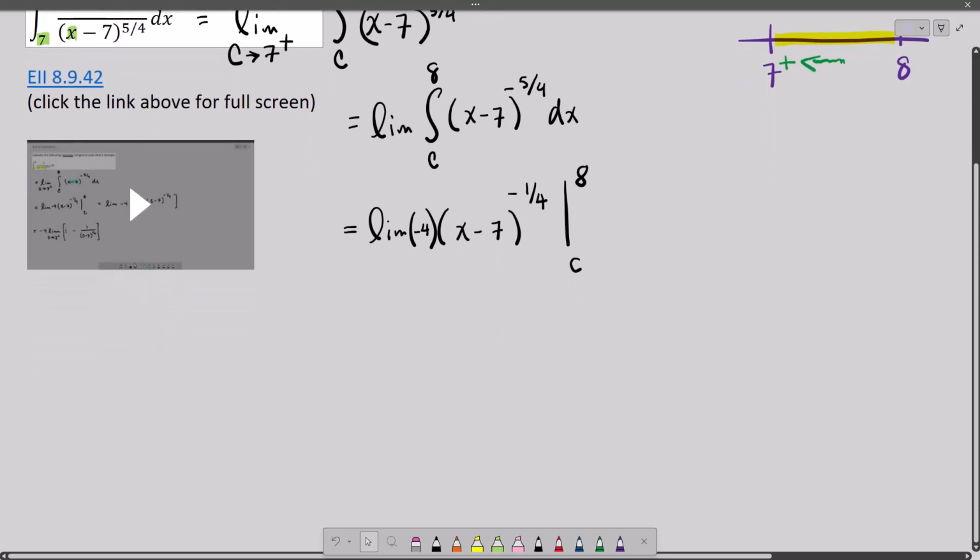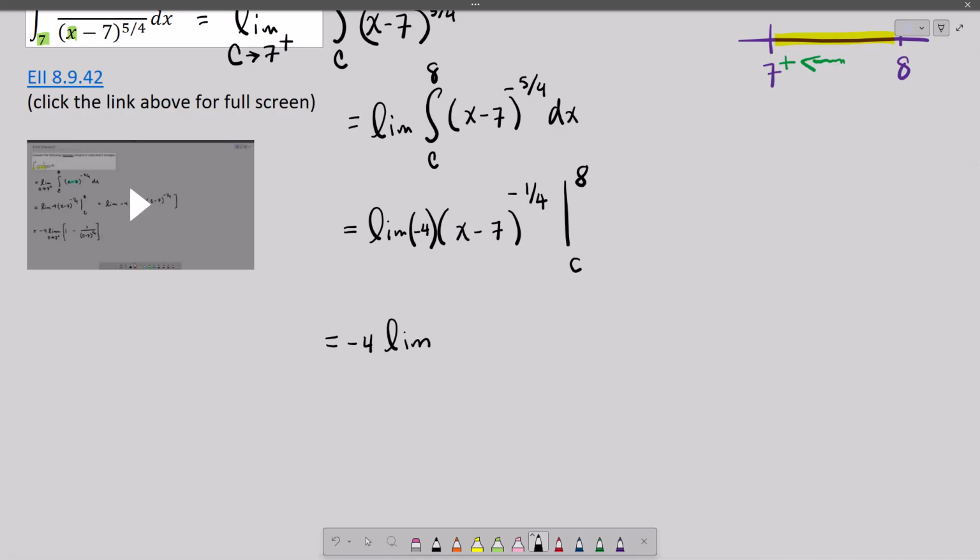So we'll factor the -4 out to the front. The limit, we'll put in our subscript for the limit. c is going to 7 from the right. When we plug in 8, 8 minus 7 is 1. 1 to any power is 1. Minus, plugging in the c, we're going to have c minus 7 to the -1/4 power.